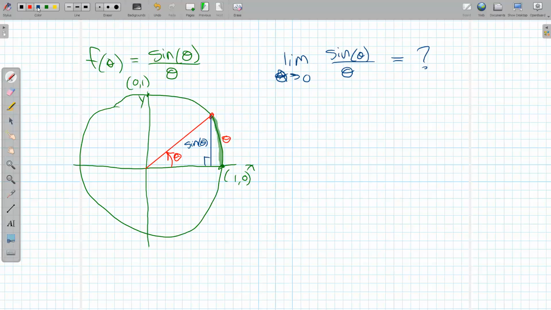Another interesting fact here: if we extend this segment out a bit farther, let's make it kind of a ray, and then I draw a perpendicular from the point 1, 0 up to that line, does anybody know what that length right there is? Let's erase that theta for a minute.